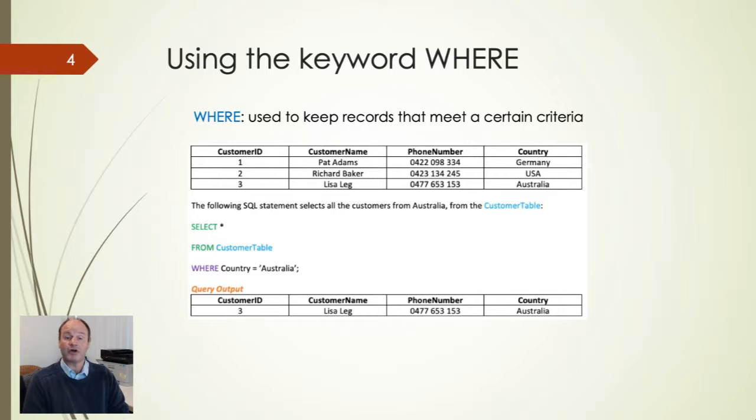Your where row could also have had customer name equals Lisa Legg in quotation marks, or phone number equals 0477 653 153 in quotation marks, or country equals Australia in quotation marks, followed by a semicolon.